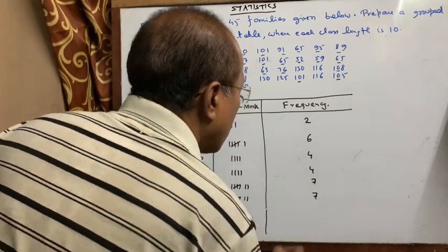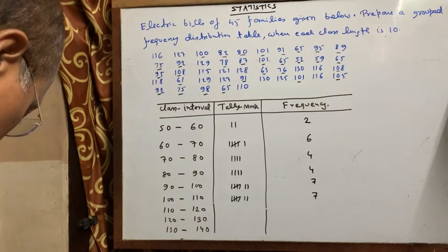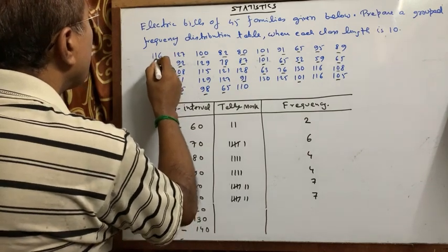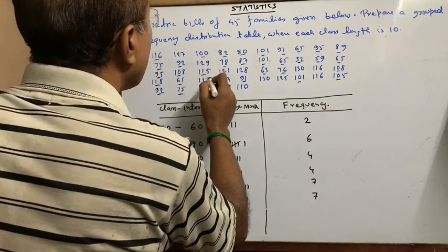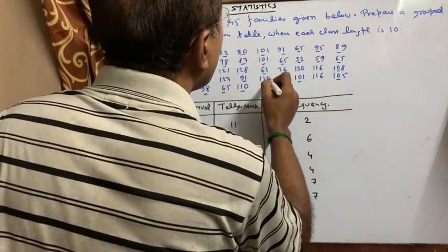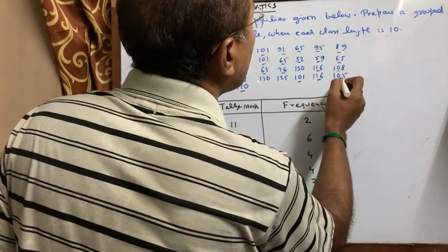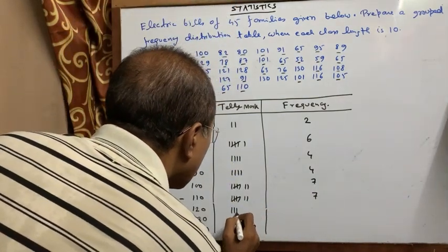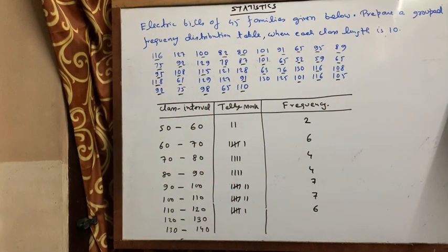It is 7. Now from 110 to 120: 1, 2, 3, 4, 5, 6. It is 6. Now from 120 to 130.